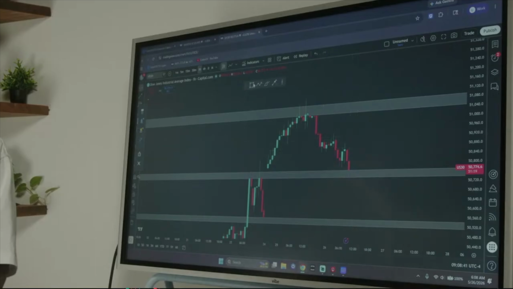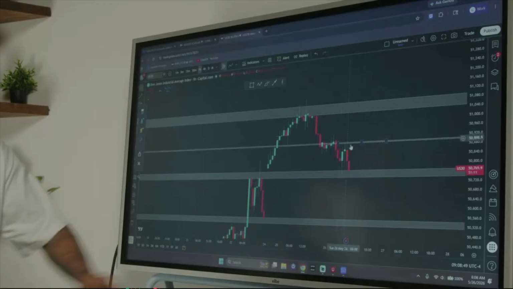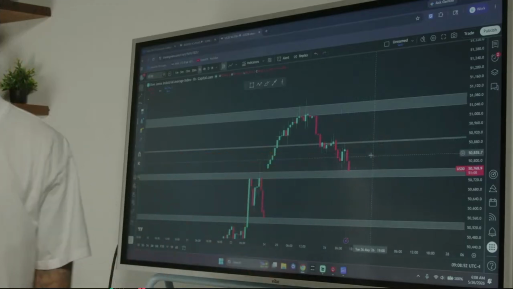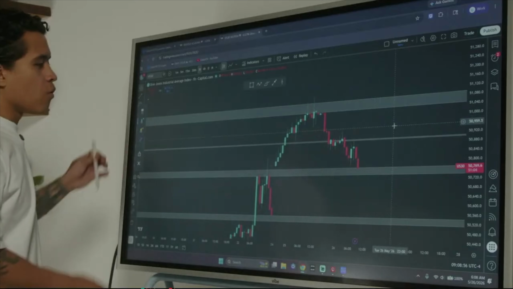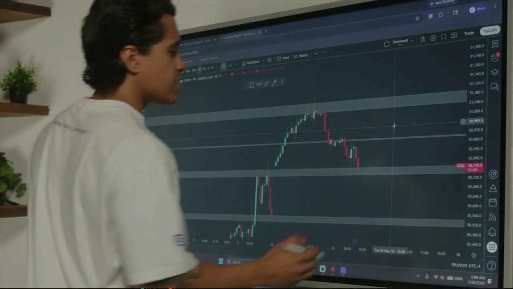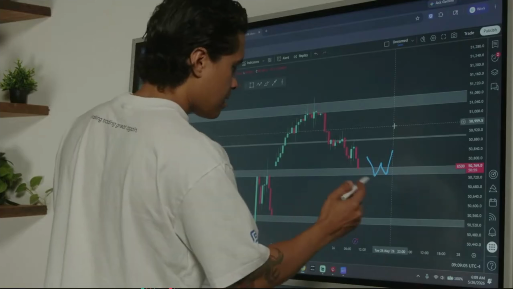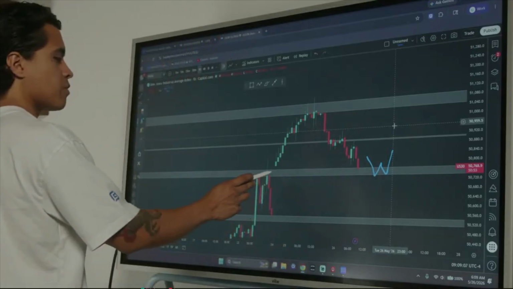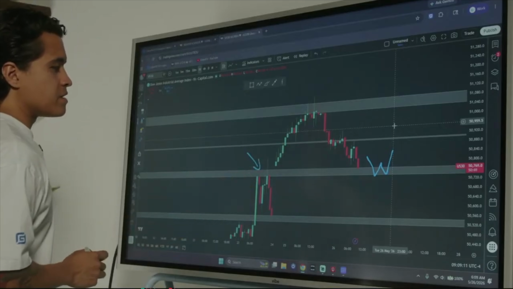I'm going to mark off this zone as well, which is the 5900s, 50900s. That would be this area right here that I'm pointing out. The only way we see our overall bias continue, which is more on the bullish side and on the 4 hour, is if we get price to reject, maybe give us a nice little double bottom at this area of interest right here, where we have these highs.